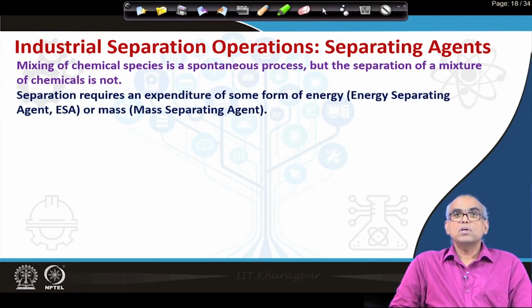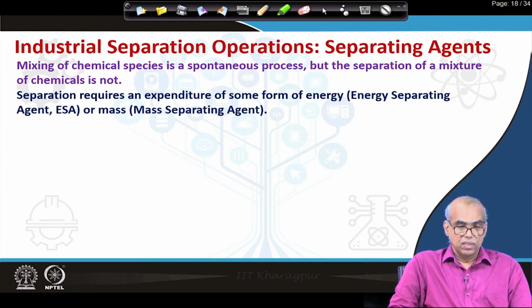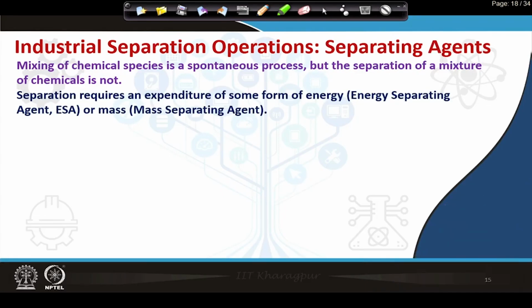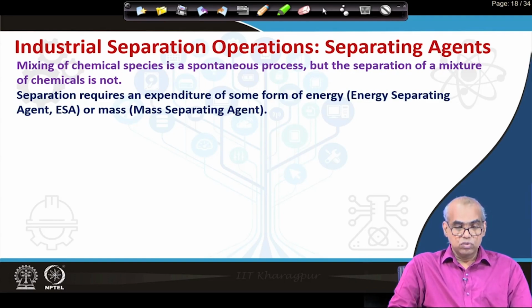Let us now talk about separating agents. Mixing of chemical species is a spontaneous process. However, separation of a mixture of various chemical species is not a spontaneous process. We need separating agents. So, separation requires an expenditure of some form of energy or mass.